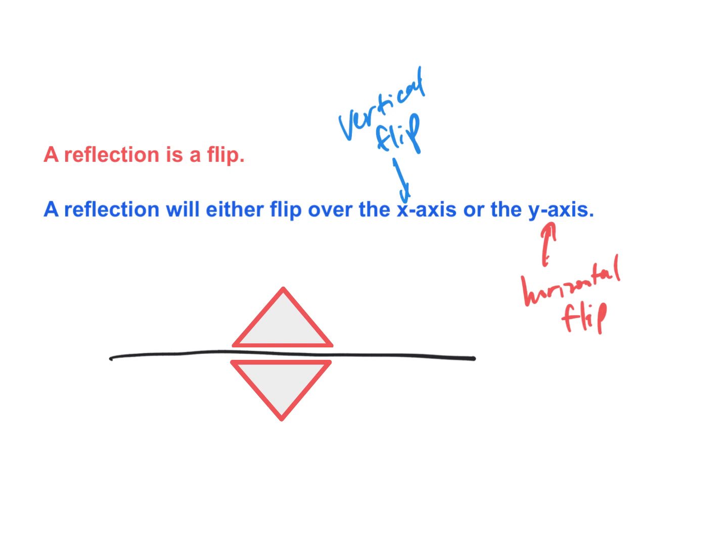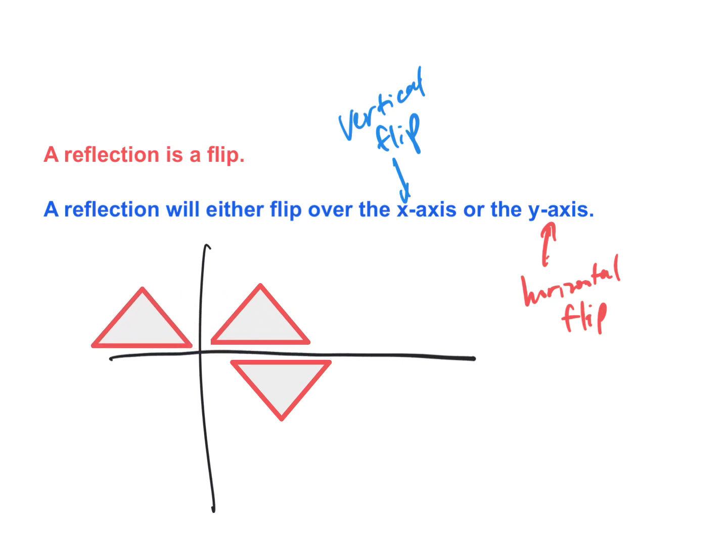Now, I could do the same thing with the y-axis, and you're going to find this maybe interesting. If there's the y-axis, and I take this triangle and I flip it over the, actually I need to duplicate it first. Okay, watch what happens when I flip it over the y-axis.